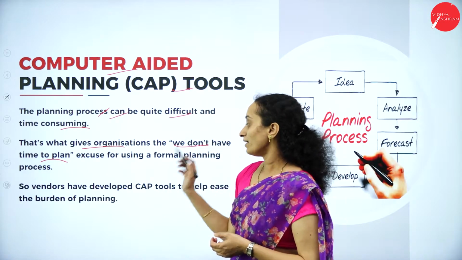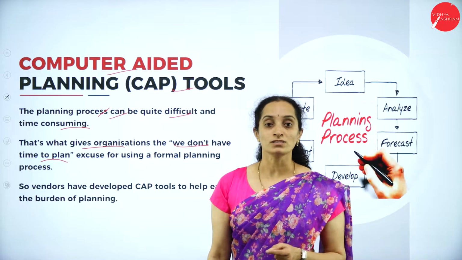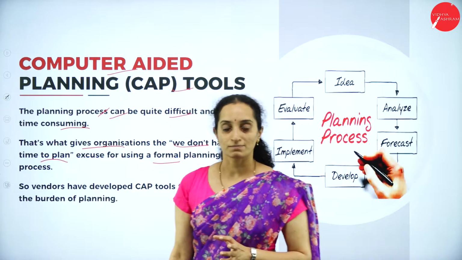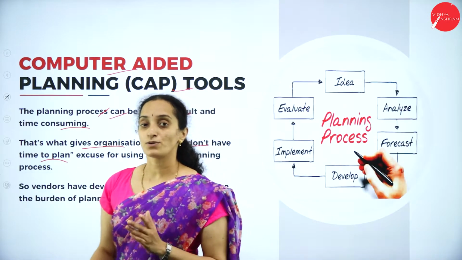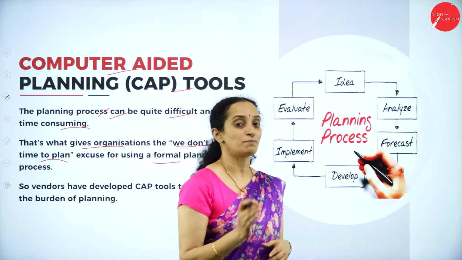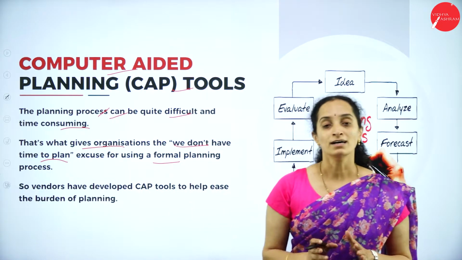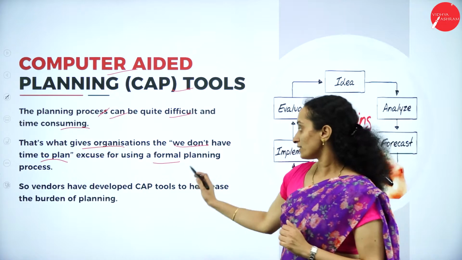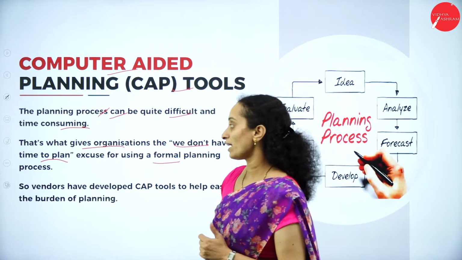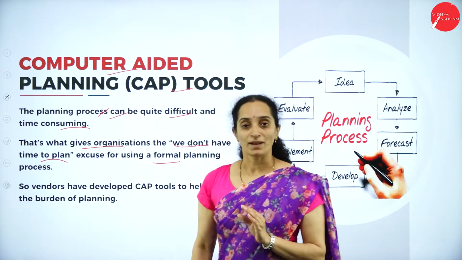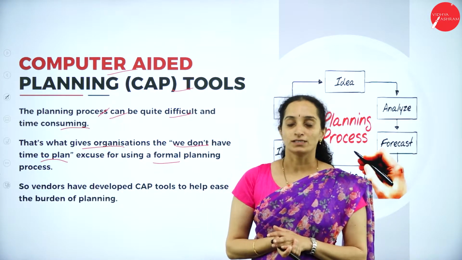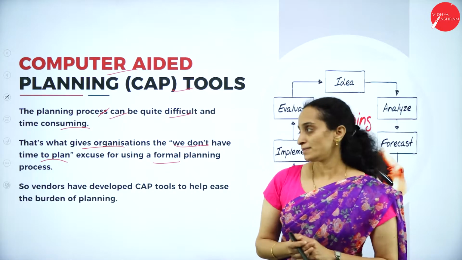So they make an excuse against using a formal planning process, because we say that we don't have time to make a plan, which makes it even more necessary to have a structured plan or formal planning process. You need to have the formal planning process which assists in executing a proper plan in the business.